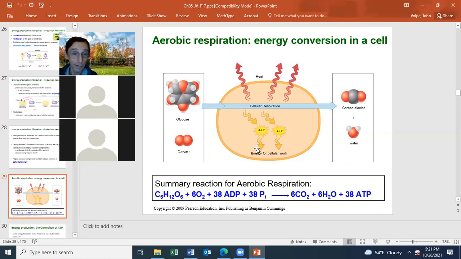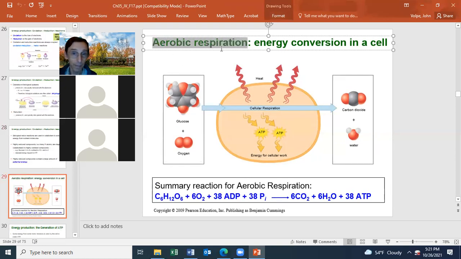Our cells use glucose to generate ATP, and we do that primarily from aerobic respiration, the energy conversion process in our cells. I should warn you, aerobic respiration is also called cellular respiration. Those two terms mean the same thing.